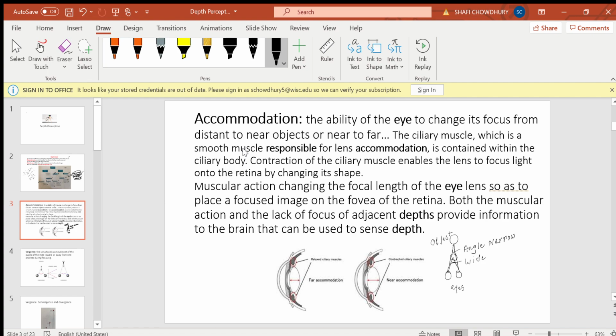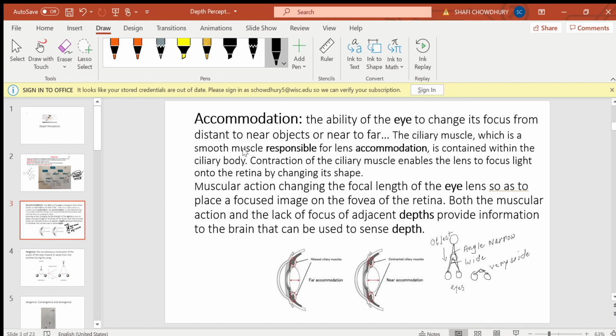So when you move this way, the angle gets larger, and that is convergence, because your eyes move more towards each other, and the pressure on the eye is more. You see the angle is really wide here, very wide angle here, right?